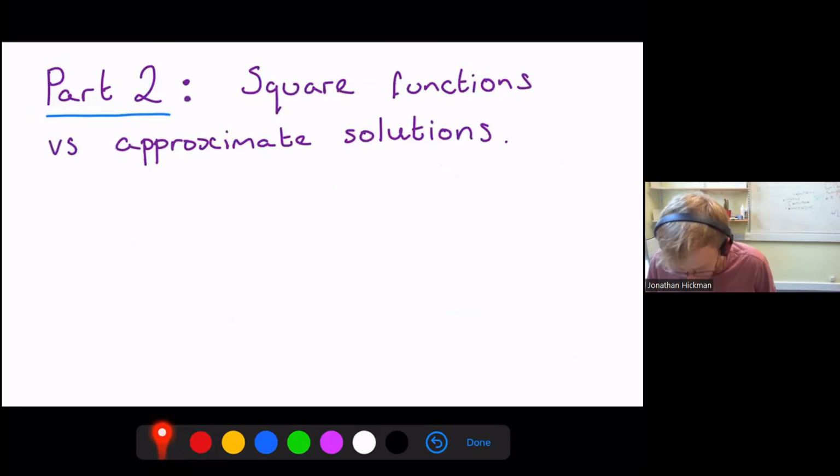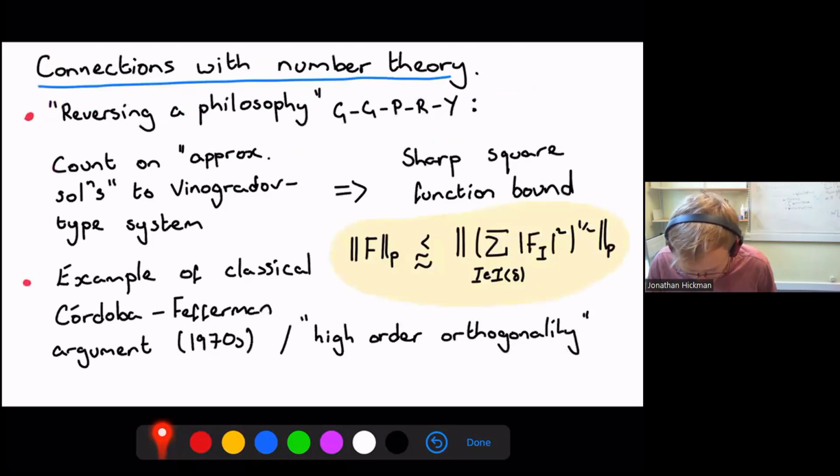So I'm going to take a little bit of time to illustrate how we can relate these square function bounds to these approximate solutions to systems of equations, and what it means to be an approximate solution to a system of equations in this context. I want to paint the picture behind this implication.